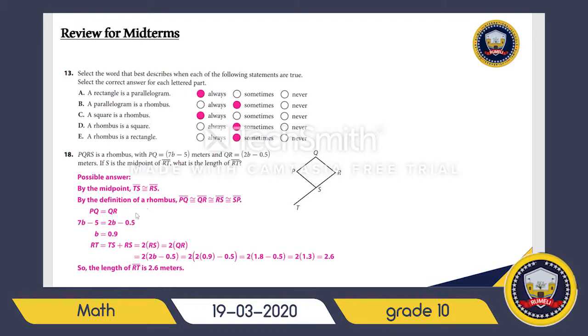What is my QR? It is 2b minus 0.5, which is 2 times the value of b, which is 0.9, minus 0.5. Multiplied by 2 for the value of RT, then the total is 2.6. So the length of RT is double the length of QR, which is 2.6.